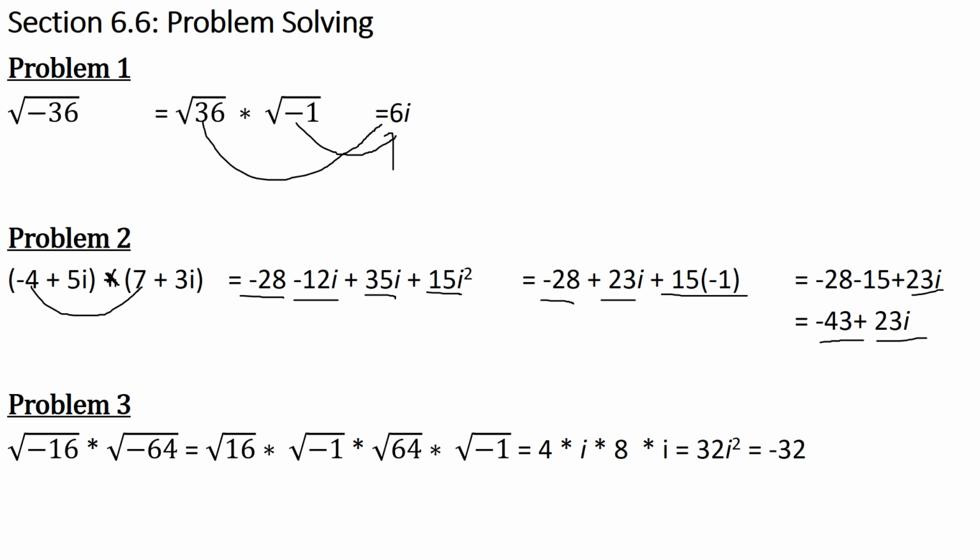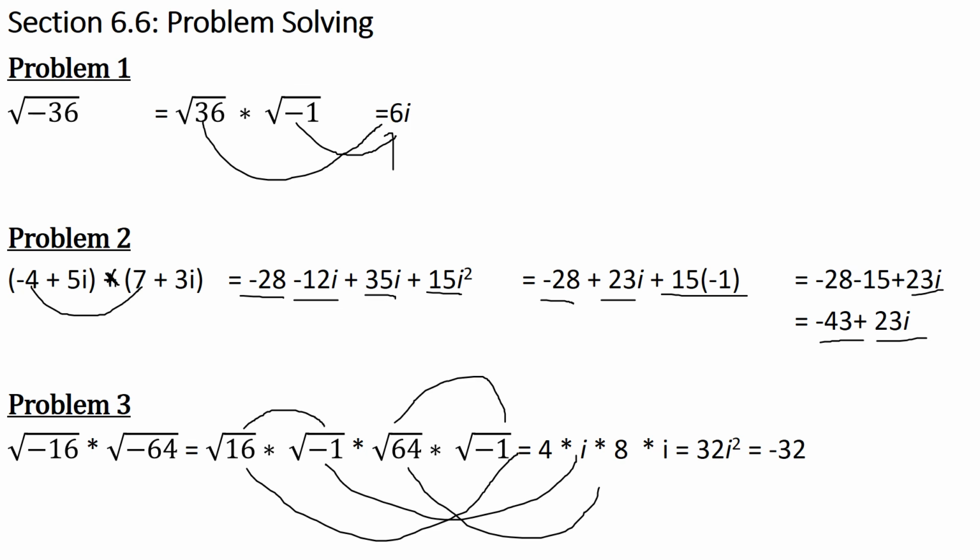And then I've got negative square root of 16 times negative square root of 64. Well, let's see if we can factor this out. Negative square root of 16 is the same as square root of 16 times negative 1. Negative 64 is 64 times negative 1. Square root of 16 is 4. Square root of negative 1 is I. Square root of 64 is 8.